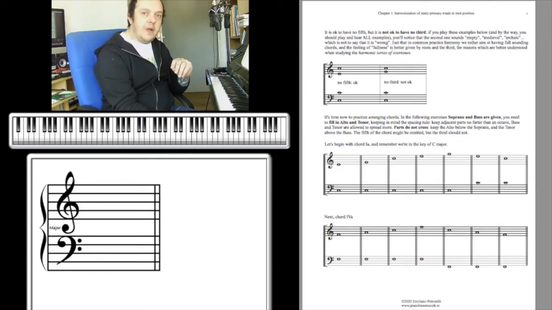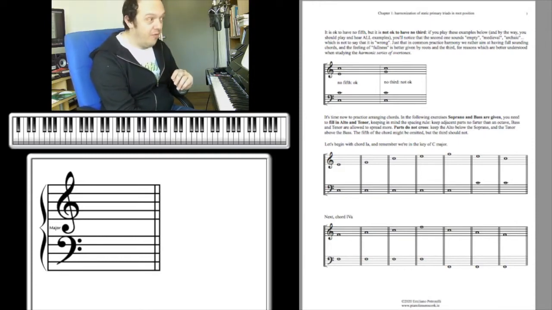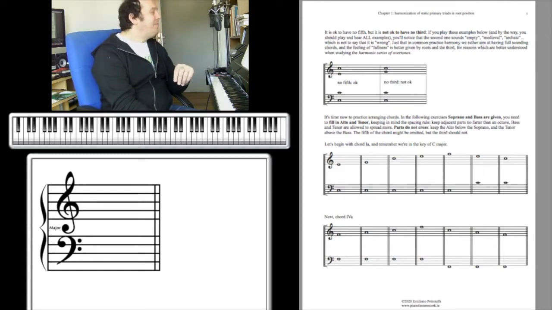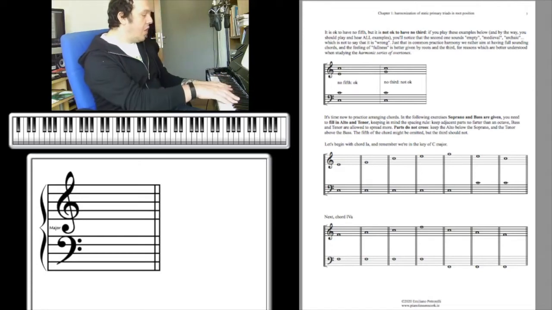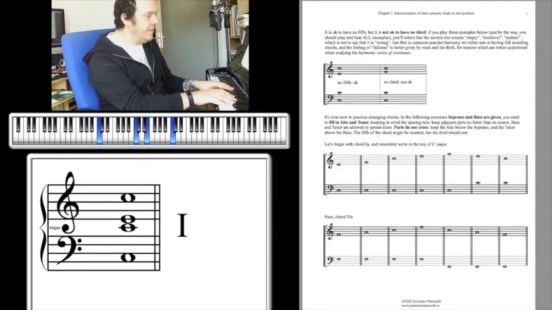Now let's also mention what it's not okay to get rid of. So when arranging a chord, we can get rid of the fifth if we want. So it's okay to have a chord with no fifth. You see, I have C, C, E, C, no G. That's fine.